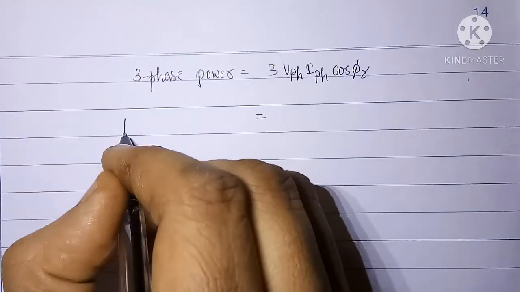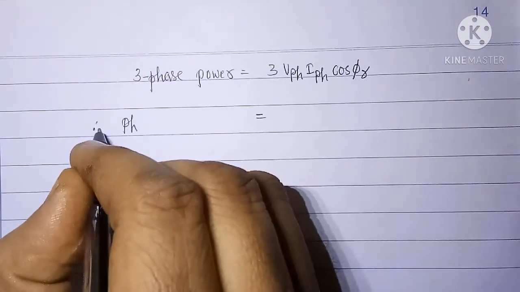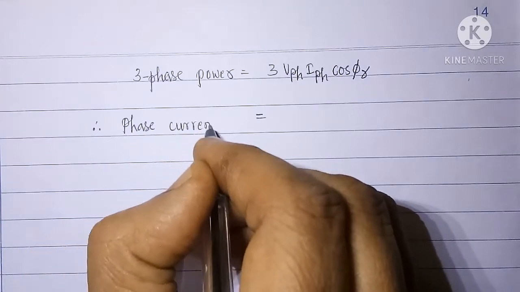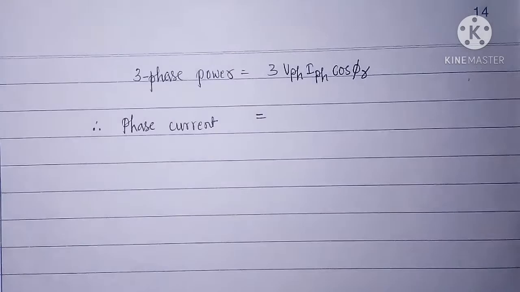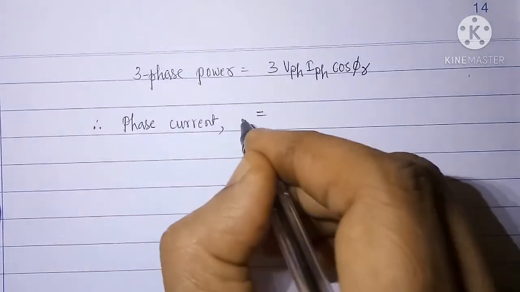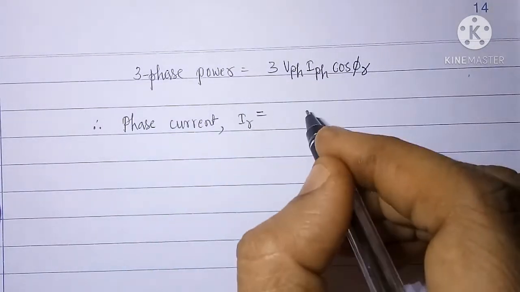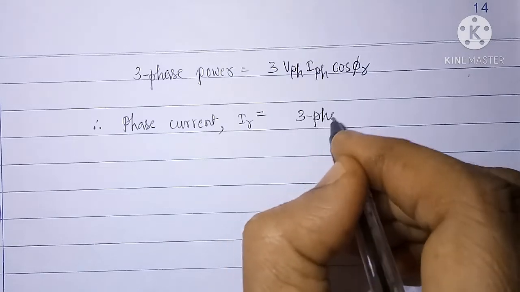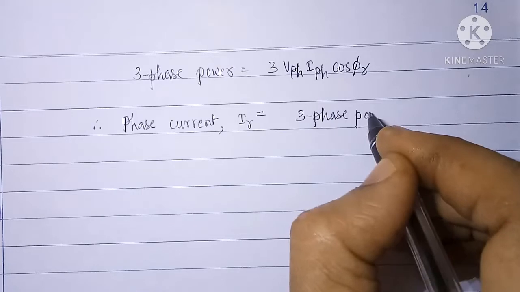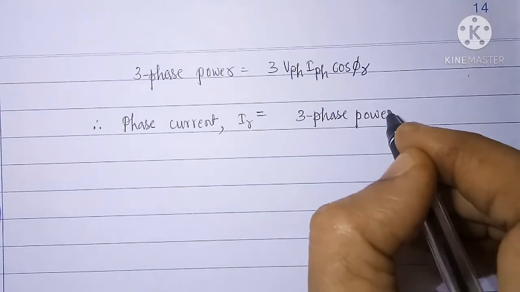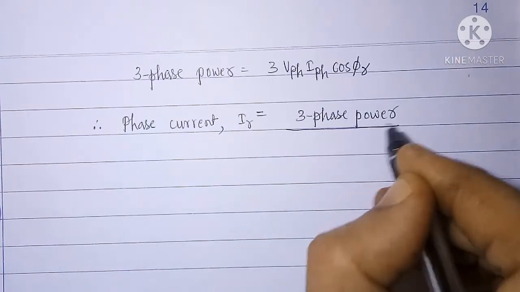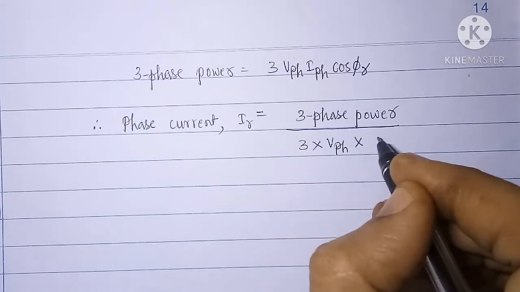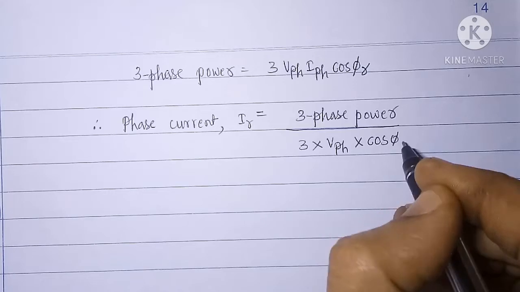Therefore, phase current, for us it is IR, equal to three-phase power divided by 3 into VPH into cos phi r.